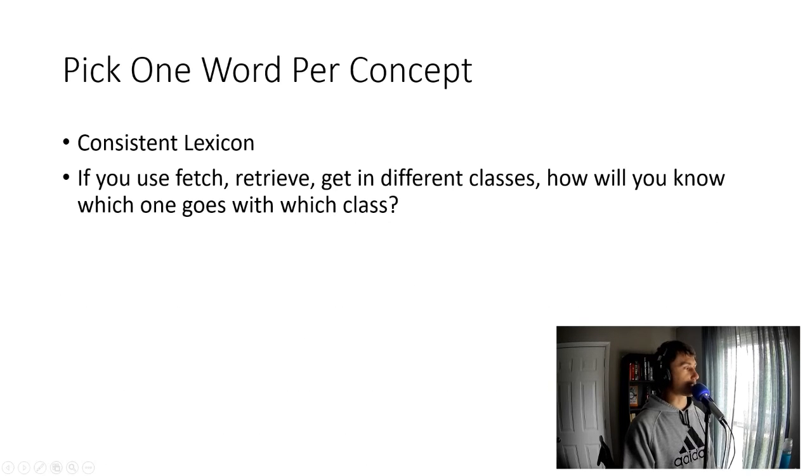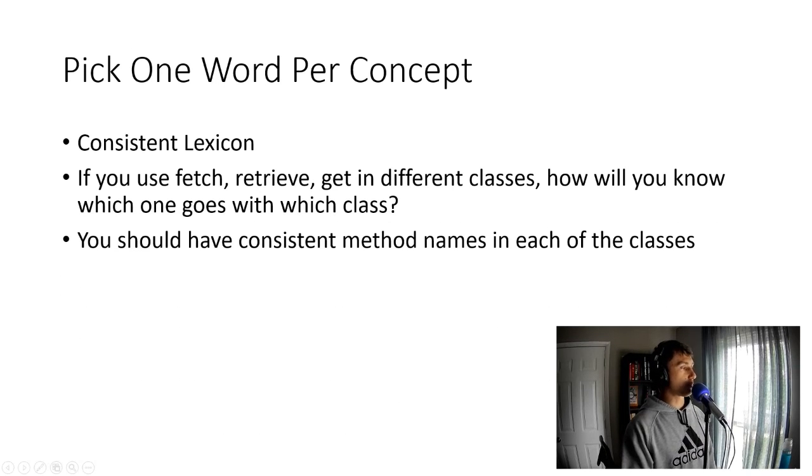So coming up next here, picking one word per concept. And this is essentially Tim saying you have to use a consistent lexicon in your code base. So if you use words like fetch, retrieve, and get as prefixes to some of your method names, why not just stick with one of those and reuse just one of those prefixes?